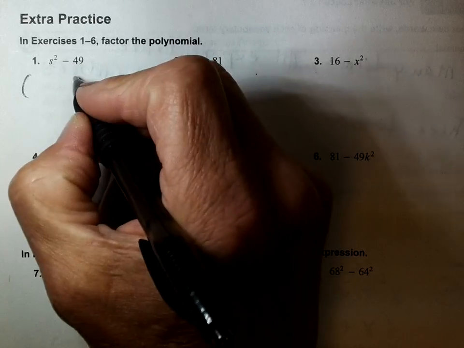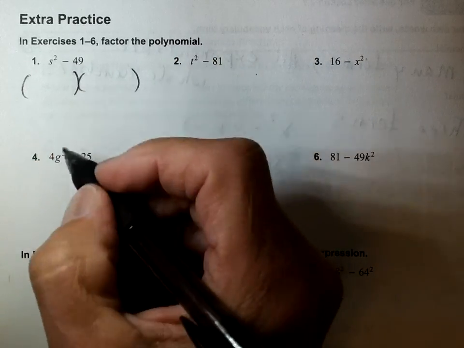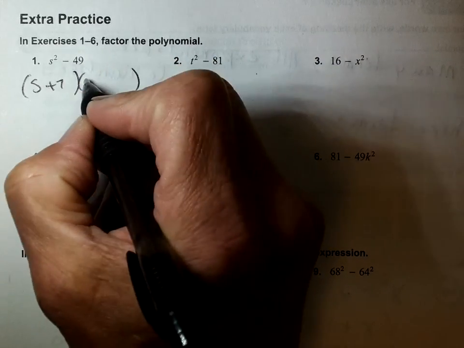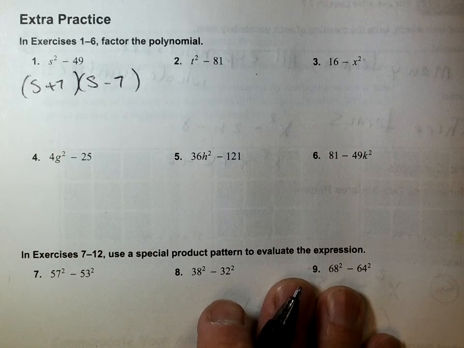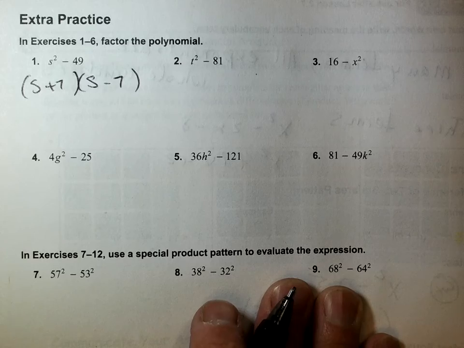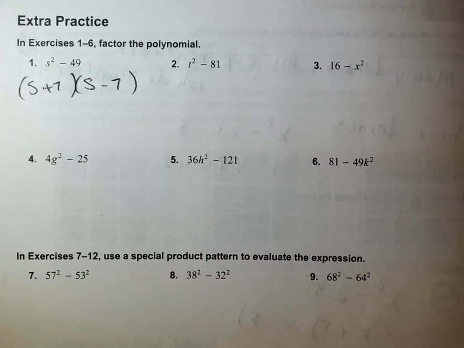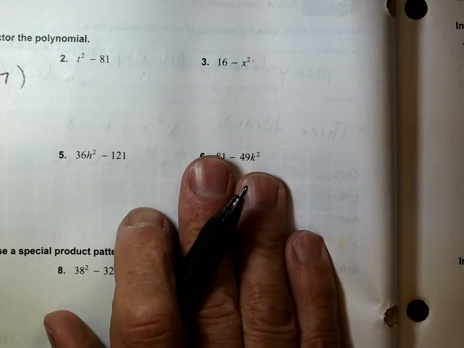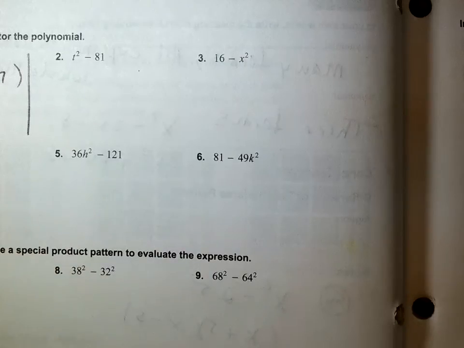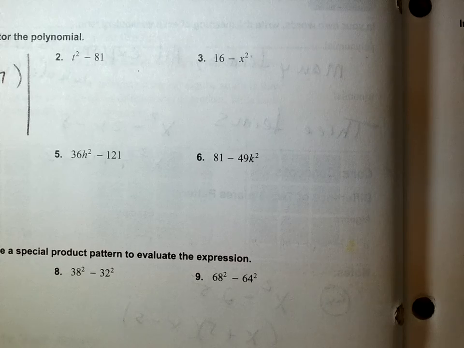So what do you guys think? Emma says s plus 7, s minus 7. Thumbs up, everybody? Okay, here comes your 9s. Give number 2 a try.